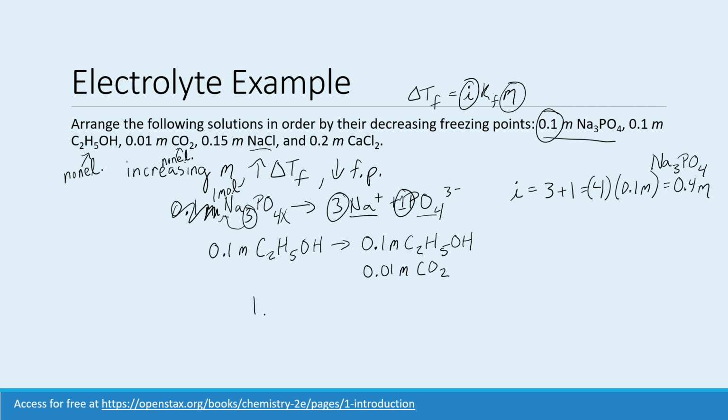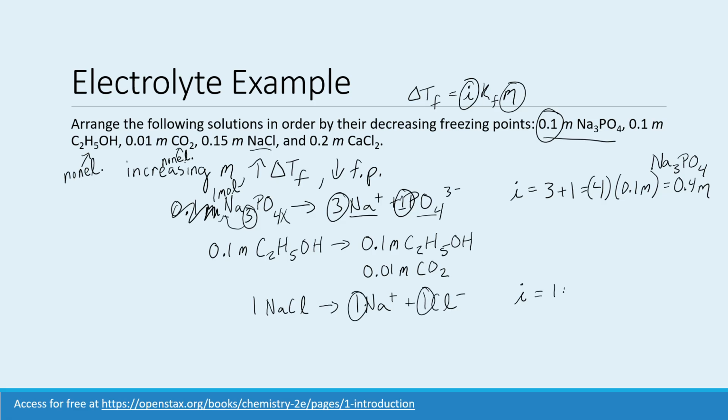Okay, now the next one, of course, that is an electrolyte. We've got sodium chloride. We've seen this one before. So 1 mole of sodium chloride will dissociate into 1 mole of our sodium ion plus 1 mole of our chloride ion.